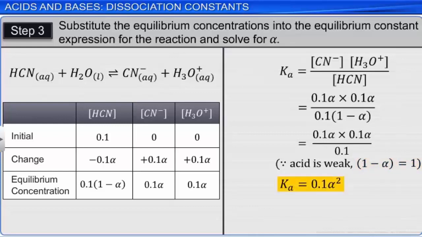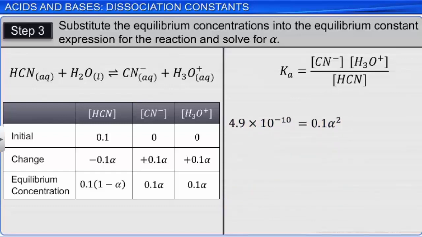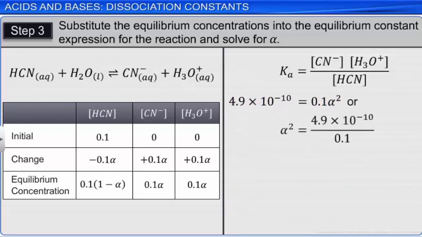As the value of Ka for hydrocyanic acid is given as 4.9 multiplied by 10 raised to the power minus 10, we can write 4.9 multiplied by 10 raised to the power minus 10 is equal to 0.1 alpha squared. Now, this can be written as alpha squared is equal to 4.9 multiplied by 10 raised to the power minus 10 divided by 0.1.